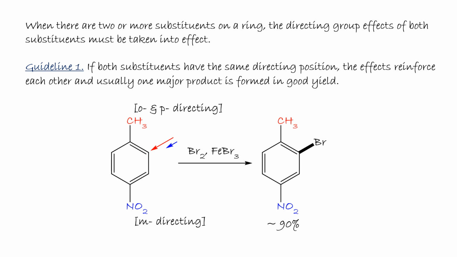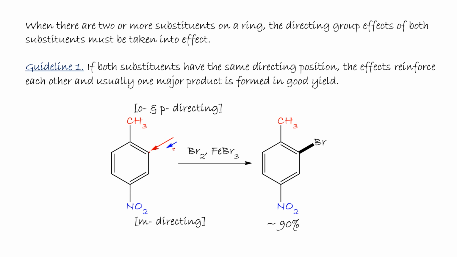When there are two or more substituents on a ring, the directing effects of both substituents must be taken into account. Guideline 1: if both substituents have the same directing position, the effects reinforce each other, and usually one major product is formed. We have here a methyl group and a nitro group. Nitro is meta directing, so it will direct this way. CH3 is ortho-para.